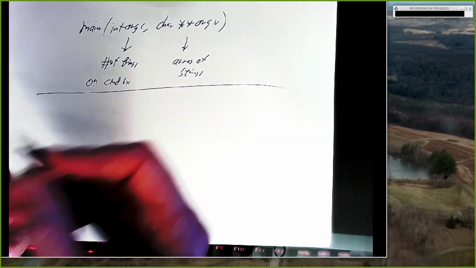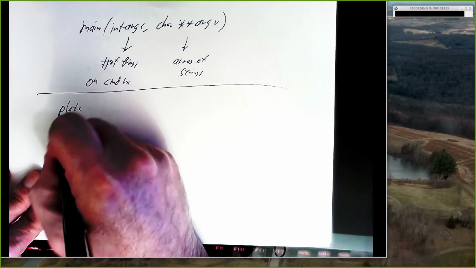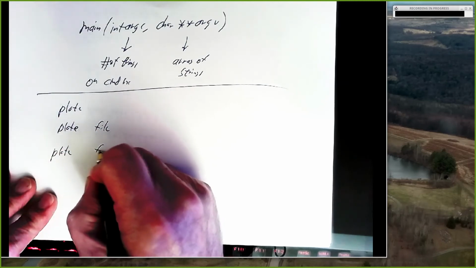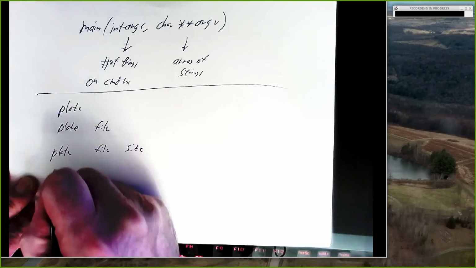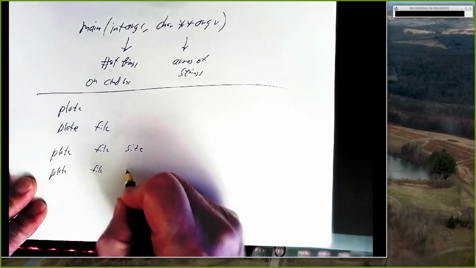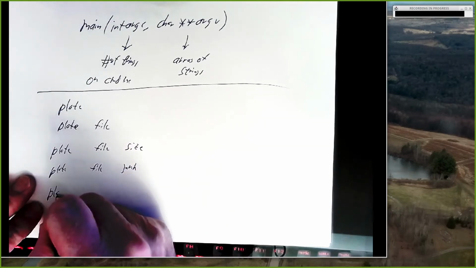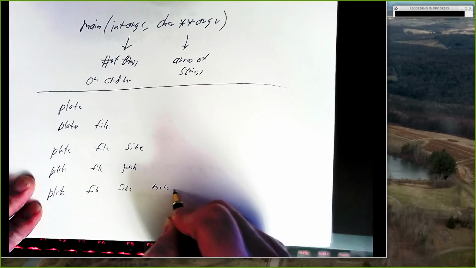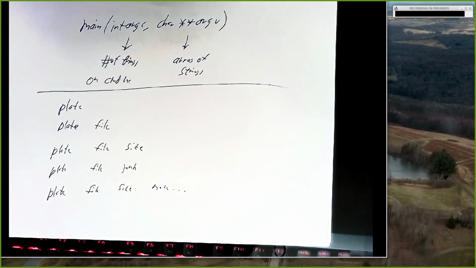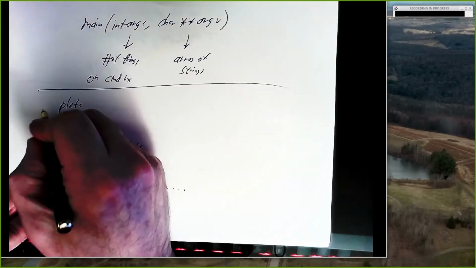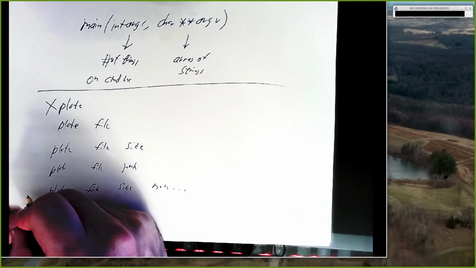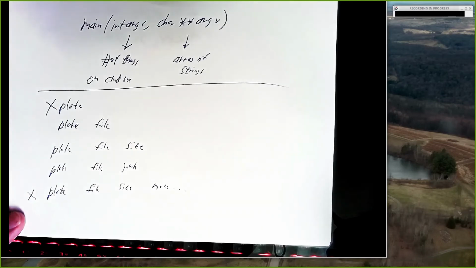The ways that somebody might try to run your program are plate with a file, plate with a file and a size, plate with a file and some junk that's not a size, plate with a file and a size and some other stuff. Oh, do we have to do the case for if they just hit plate? If they just hit plate, this is an error. If they say plate and a file and a size and some other stuff, that's an error.